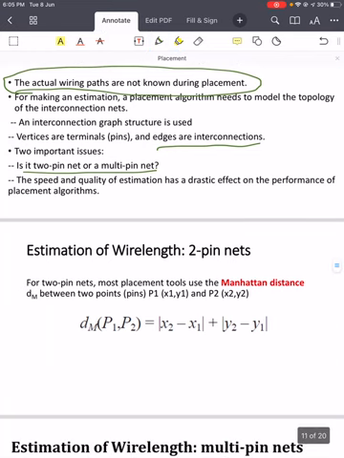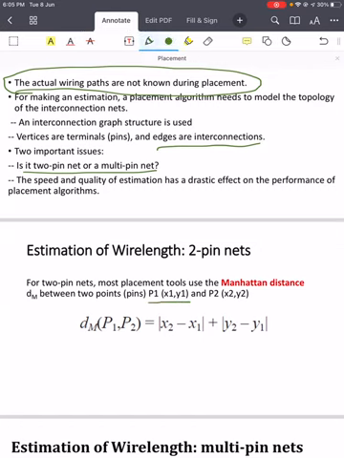Now, estimation of wire length of 2-pin nets. For 2-pin nets, most placement tools usually use the Manhattan distance dm between 2 points, meaning between 2 pins, and we can define it by their coordinates. If we think of a grid-like structure, we can define the pin locations by their coordinates.